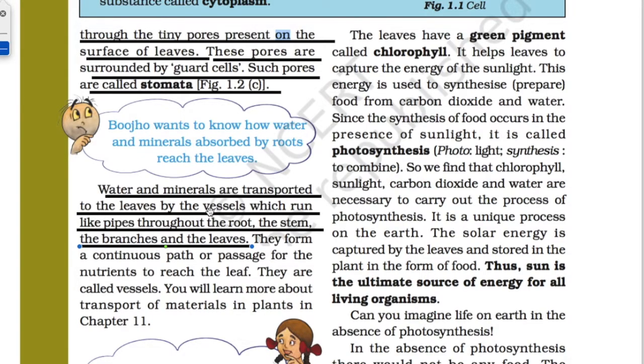You can understand this by taking an example of how we transport water from one place to another through a pipe. So these vessels are just like pipes. With the help of these vessels, water and minerals are transported to the leaves. These vessels are present in root, stem, branches and even in leaves too.